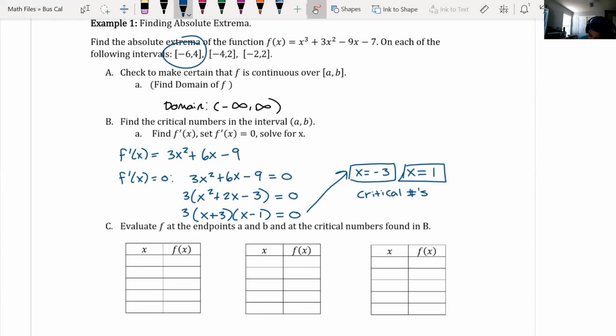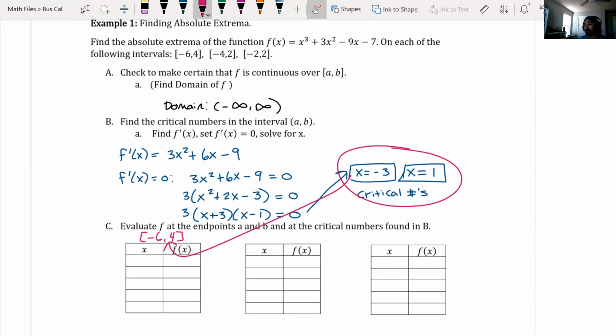So we'll start with this first interval of -6 and 4. And what we want to know first is, do these critical numbers fit in that interval? Are -3 and 1 in between -6 and 4?